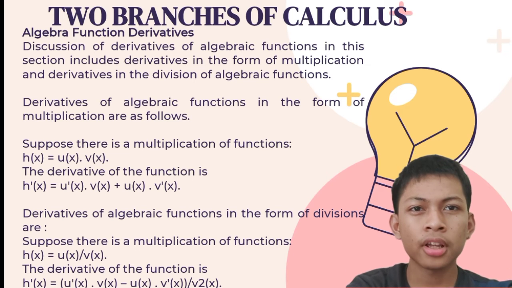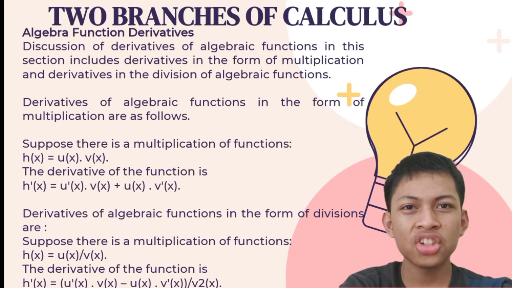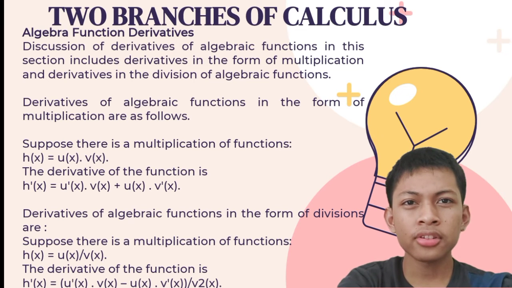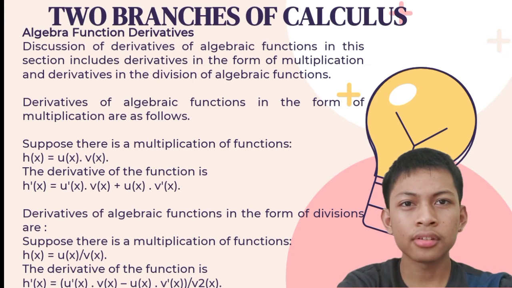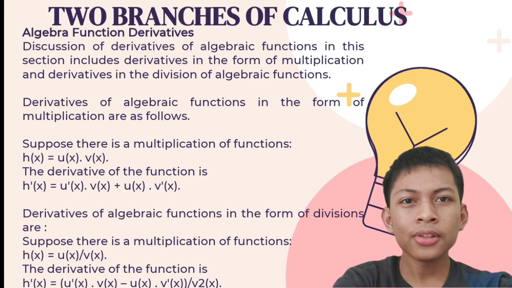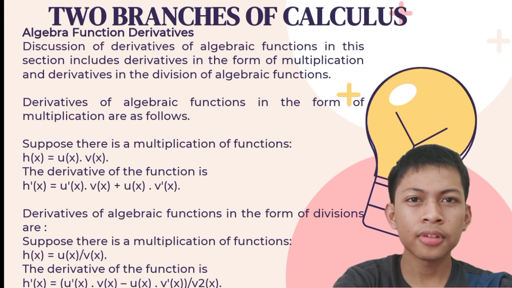Suppose there is a multiplication of functions, h(x) equals u(x) times v(x). The derivative of the function is h'(x) equals u'(x) times v(x) plus u(x) times v'(x).